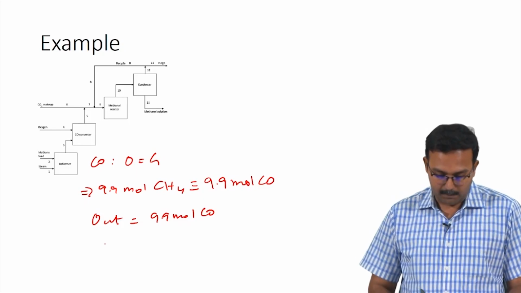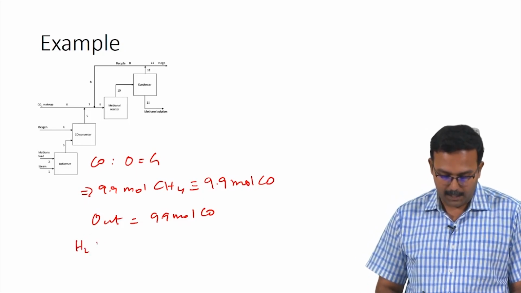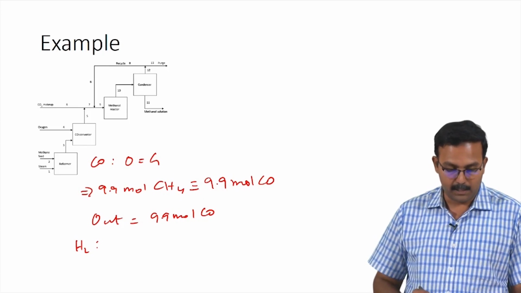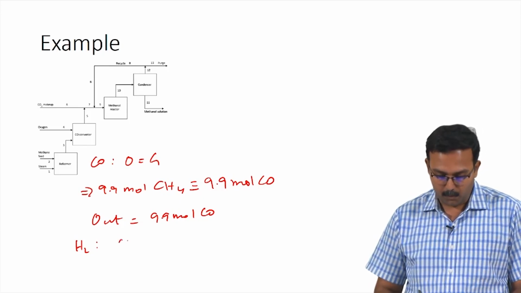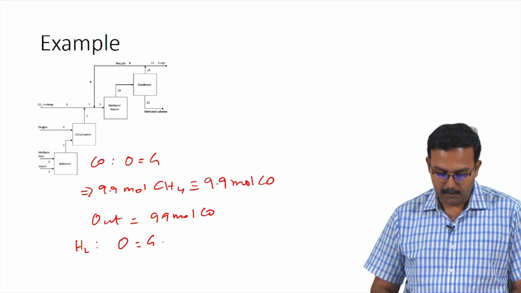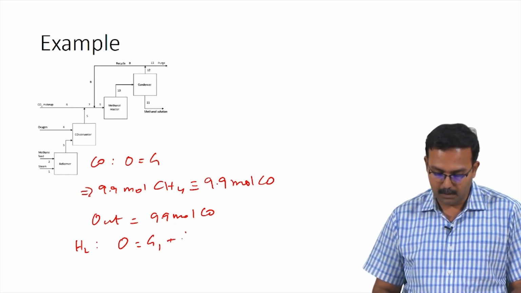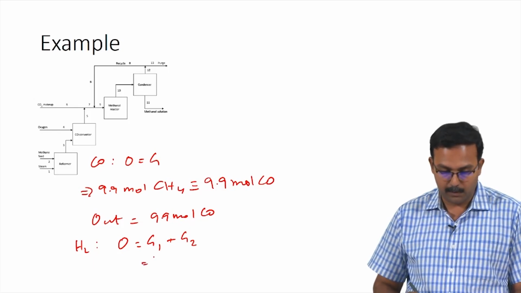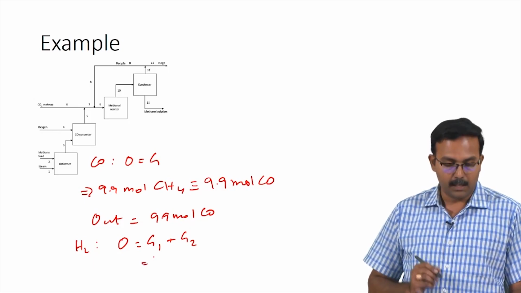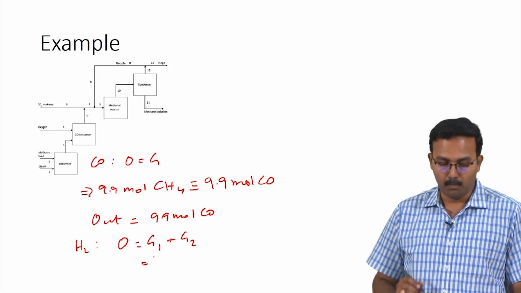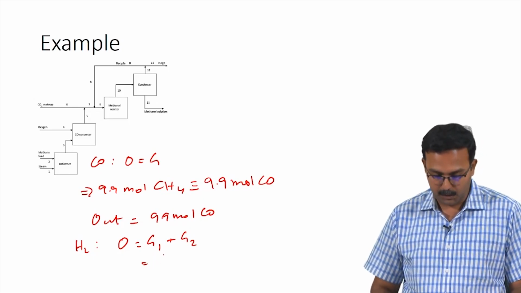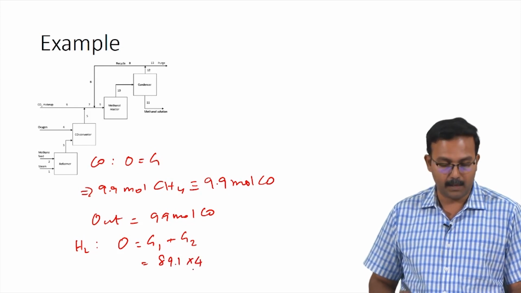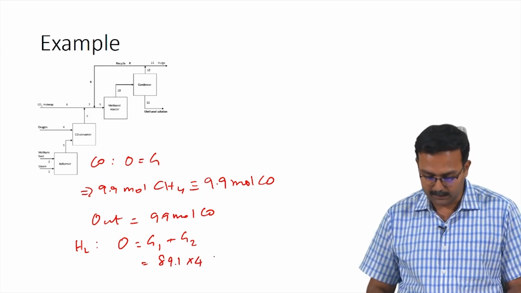We can also write a balance equation for hydrogen. So, hydrogen is not coming in, it is only being generated. So, your output would again be equal to generation, but here you would have two generation terms from reaction 1 and reaction 2. Based on the stoichiometry, we know that for every mole of carbon dioxide produced, 4 moles of hydrogen is being produced. So, 89.1 times 4 would be the generation of hydrogen by the main reformer reaction.